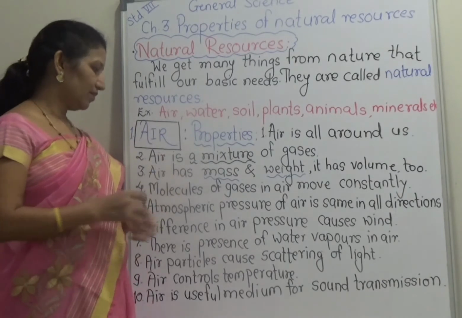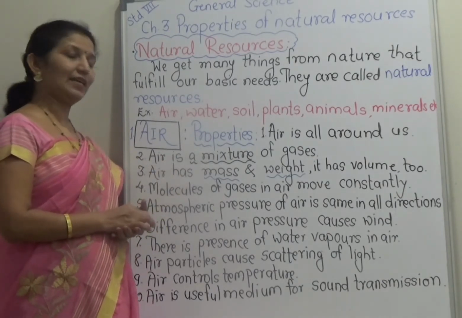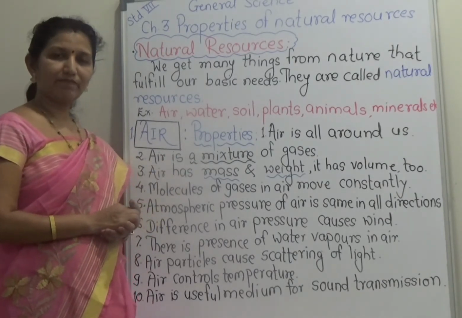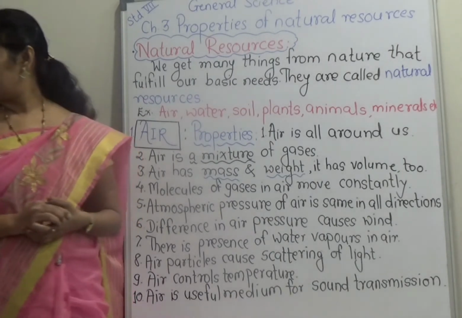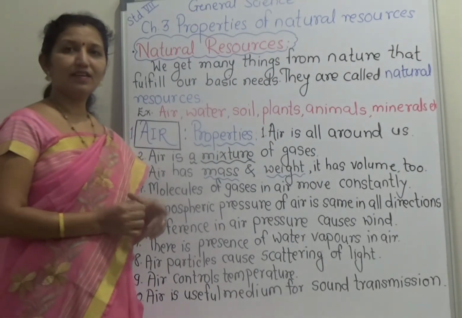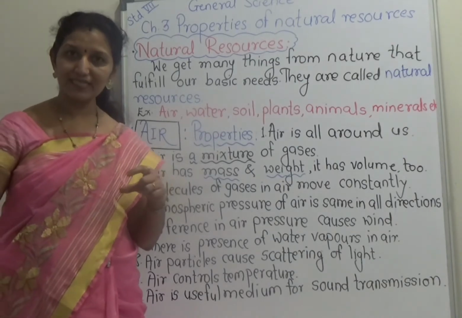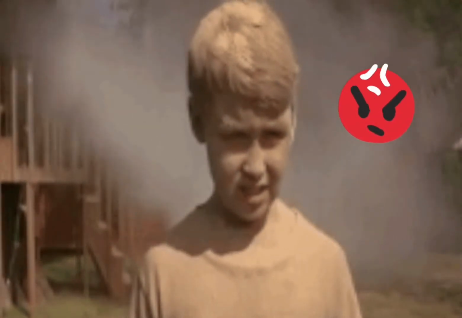Now, molecules of gases in air move constantly. We see that if a window has a hole, and through that hole the sunlight is coming in a straight line, at that time you can see the different particles in the air, the dust particles, dancing in that sunlight.